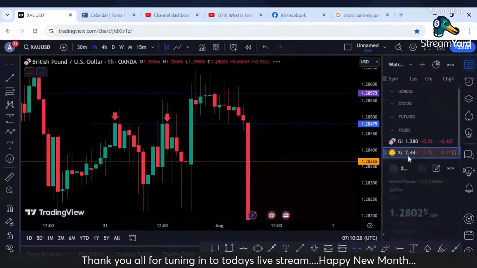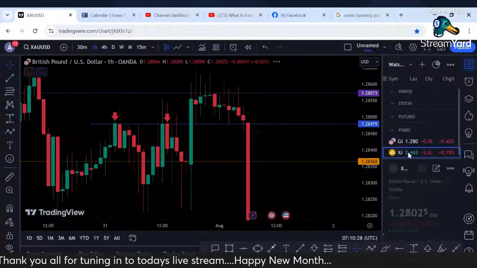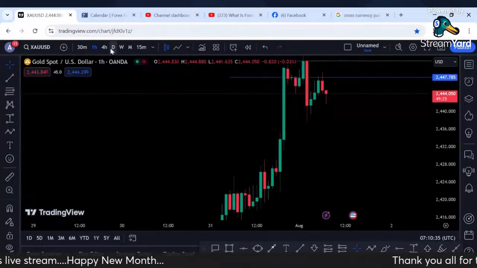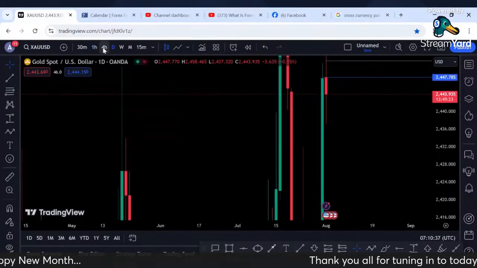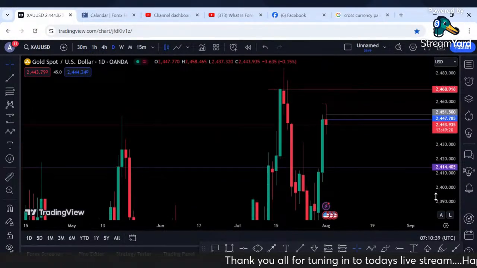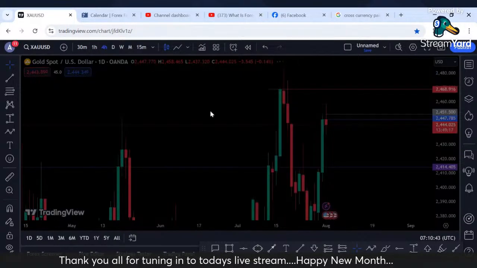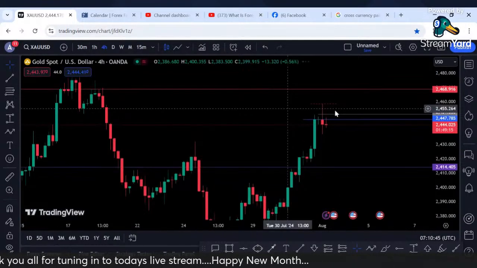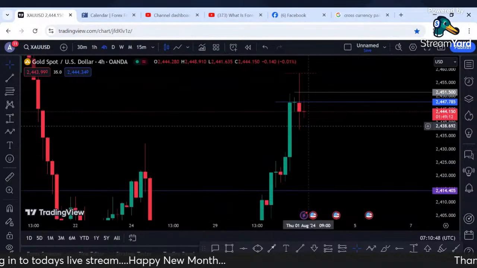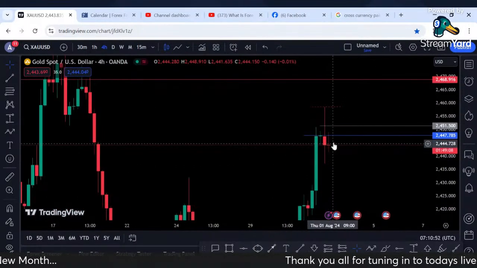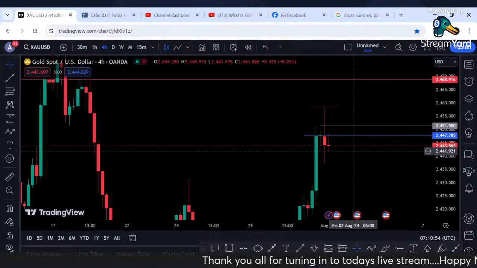So with gold, what you do is you have to wait. Gold is in an uptrend. You don't have to look for any sell, even though the lower time frames are pointing down. The best thing I will tell you to do is wait for the H4 candle to confirm.